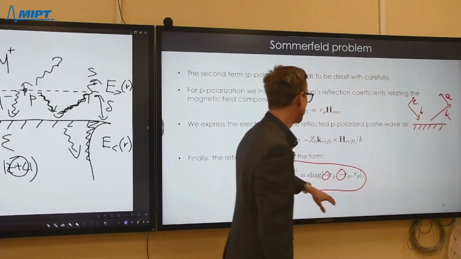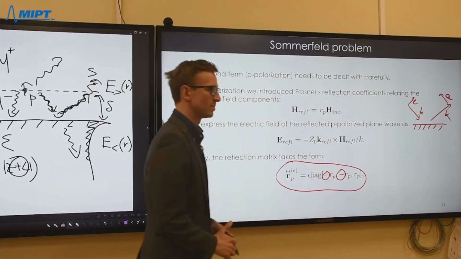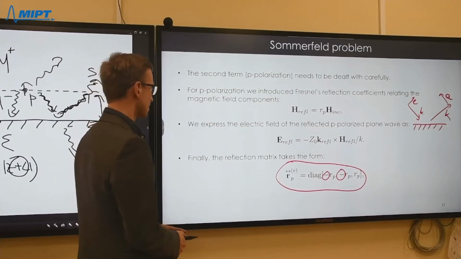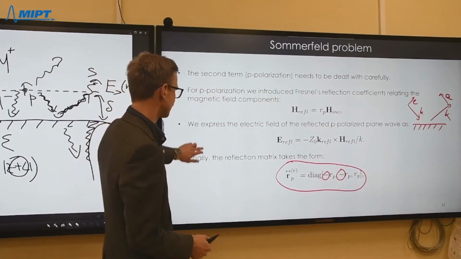This flipping is described by these minus signs, which apply to x and y components of the electric field. Quite messy, I know.